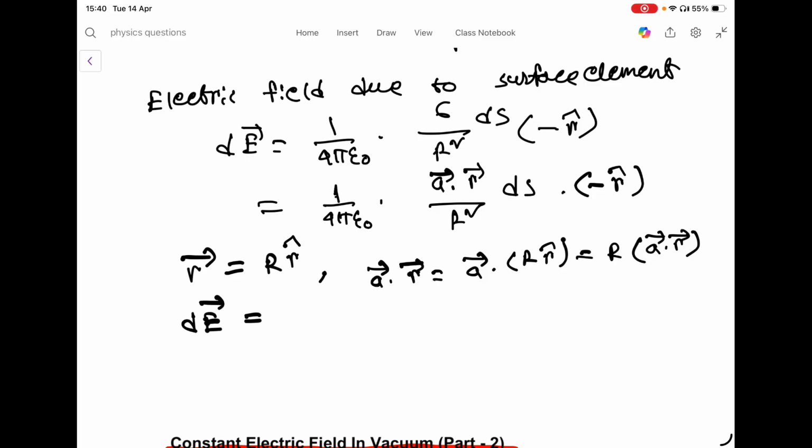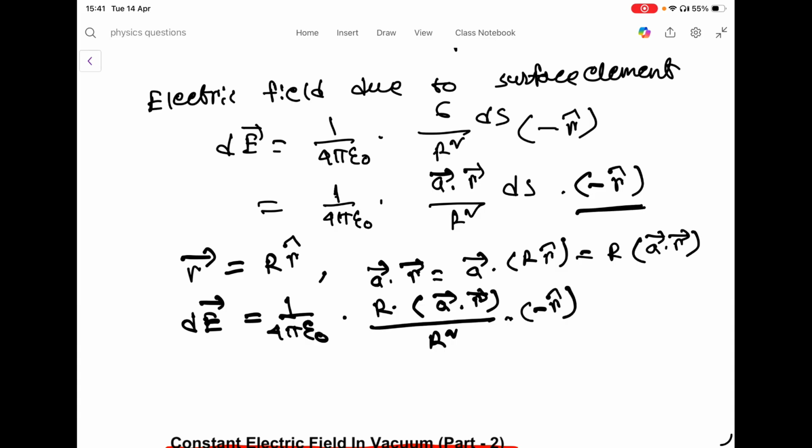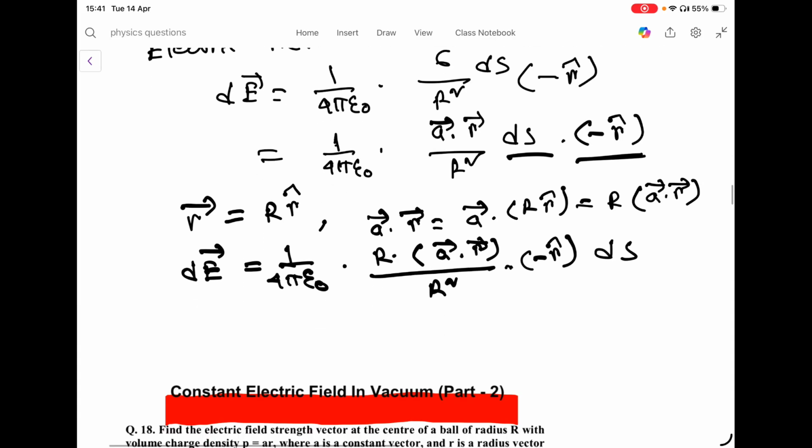So dE becomes 1 by 4 pi epsilon naught into R into A vector into R vector by R square and minus R hat, and ds. Right? So what is the total electric field? Total electric field dE will become 1 by 4 pi epsilon naught into A vector into R vector into minus R hat ds. Right? Because one R will be cancelled from here.